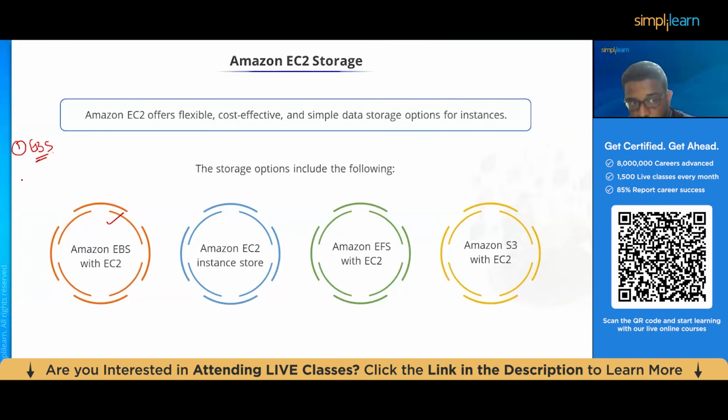It's a persistent storage where the data will always be available for you. One more point, folks: EBS, Elastic Block Storage, is persistent block level storage which allows the user to create and attach an EBS volume.